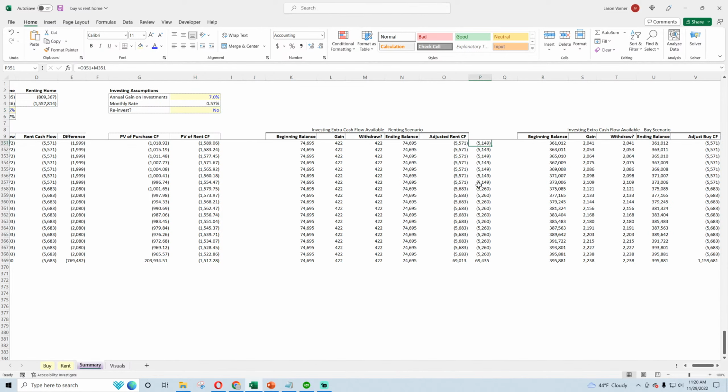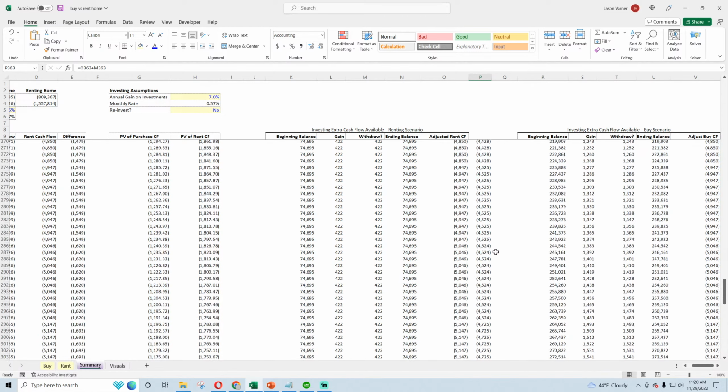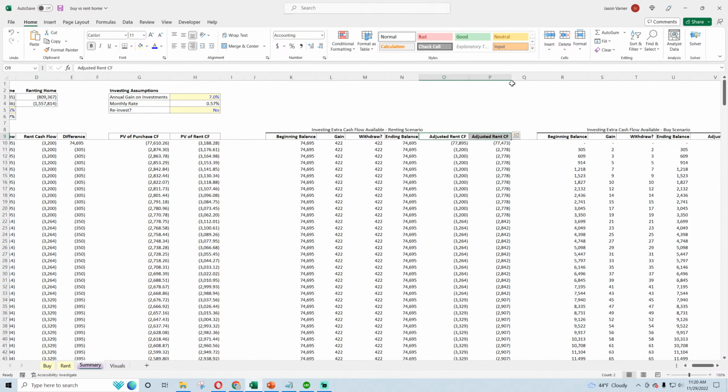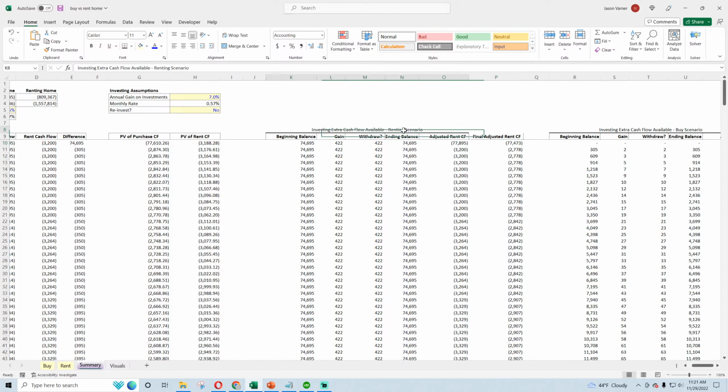But there's a difference in the cash flow as well, so we'll look at that. And then this we'll put final adjusted rent cash flow with reinvestments or not and everything else.